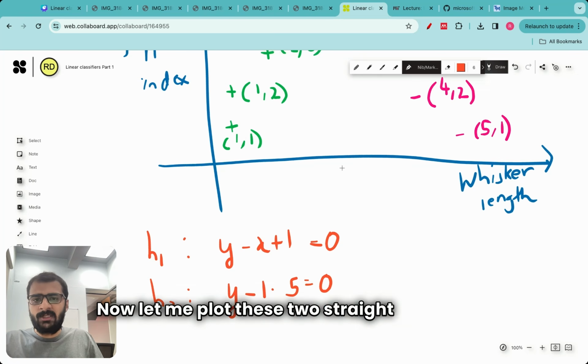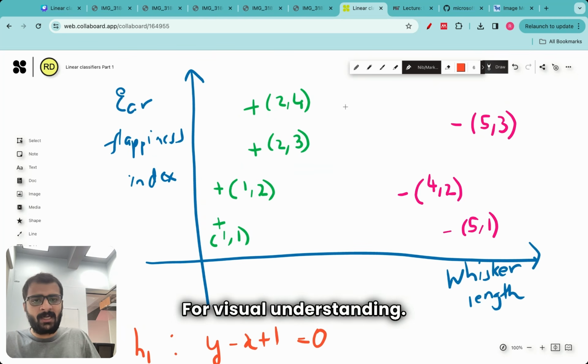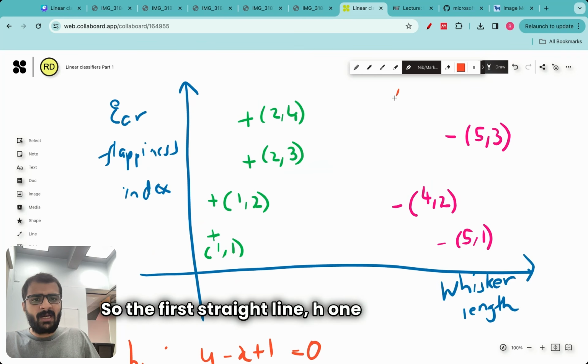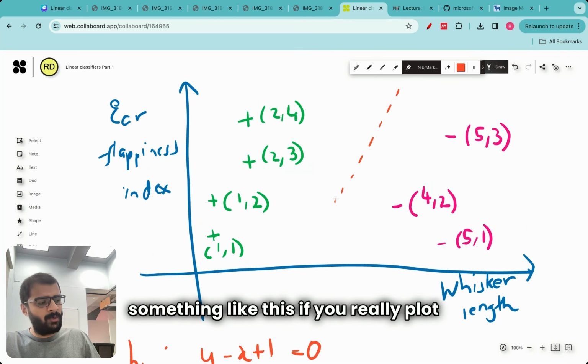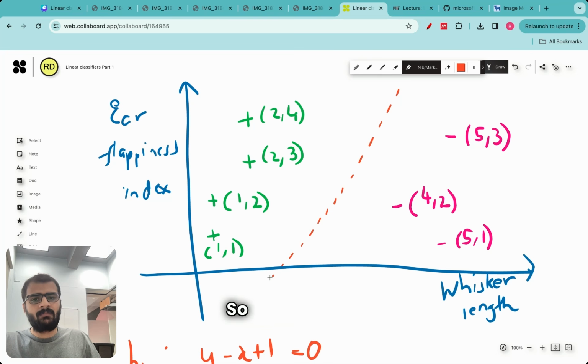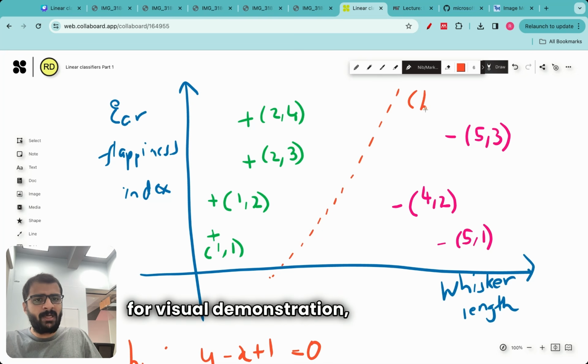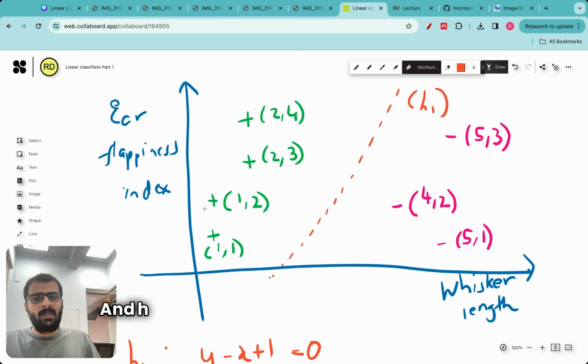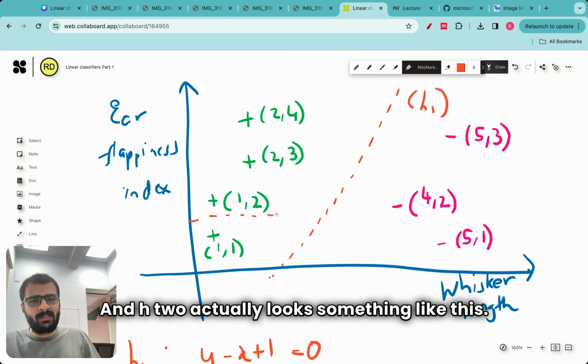Now let me plot these two straight lines for visual understanding. So the first straight line h1 actually looks something like this if you really plot it. So this is h1. I am not exactly plotting it, but just for visual demonstration, this is h1, and h2 actually looks something like this.